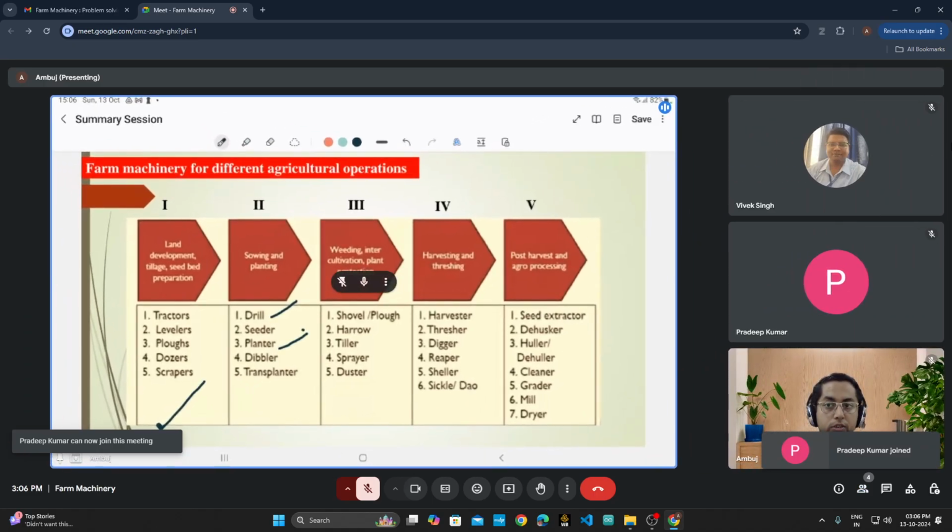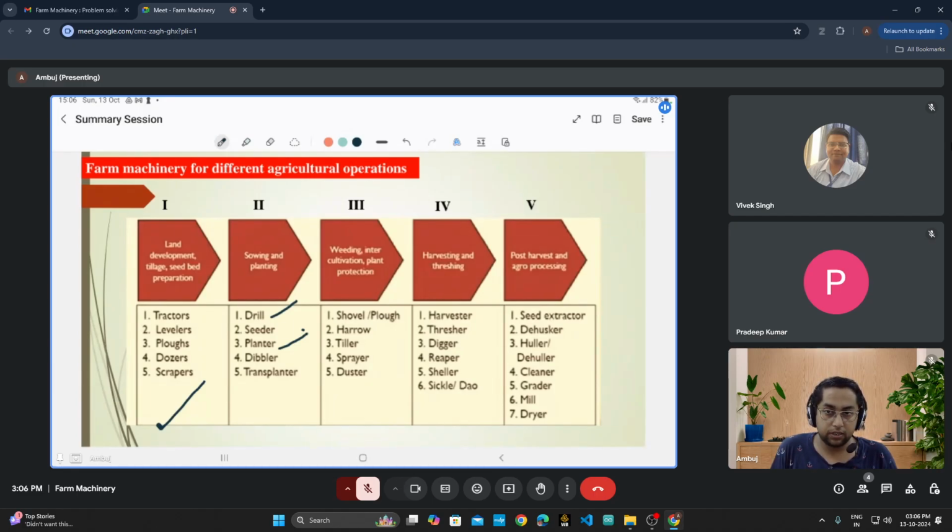Yes, I was talking about the various farm machinery for different agricultural operations. First, regarding land development, tillage, and seedbed preparation, I talked about the tractors, levelers, plows, angle dozers, and scrapers, which we dealt with in our previous lecture. Then I talked about the sowing and planting machinery: drill, seeder, planter, dibbler, and transplanter.